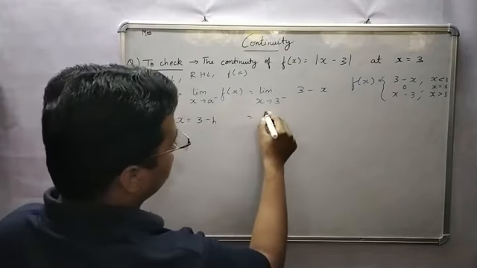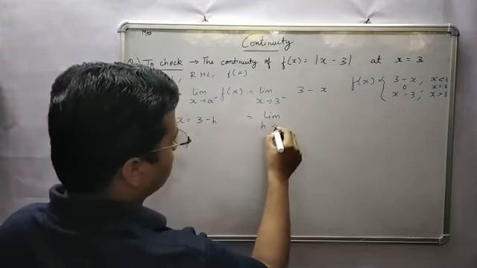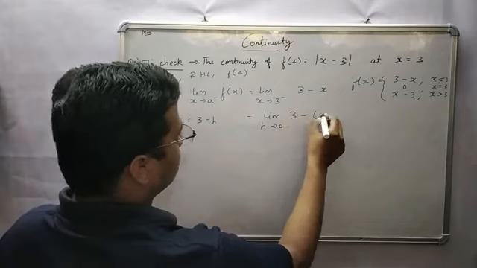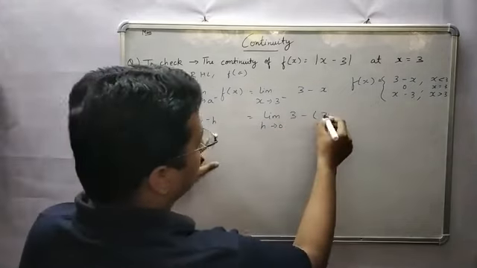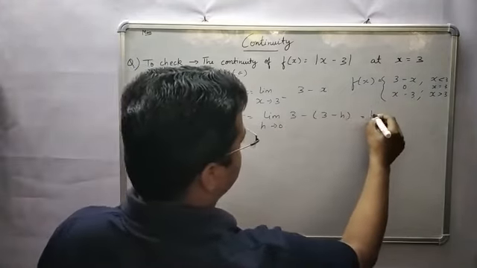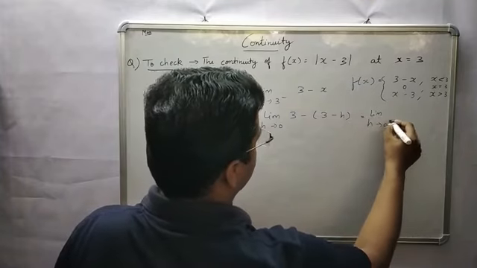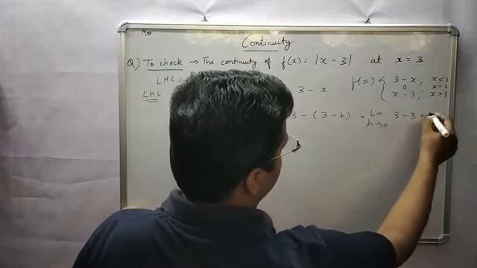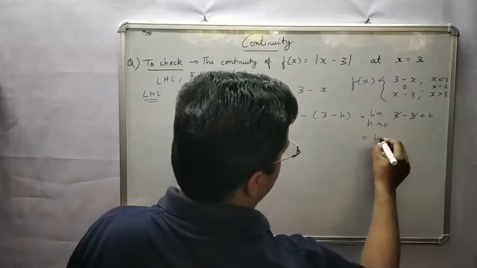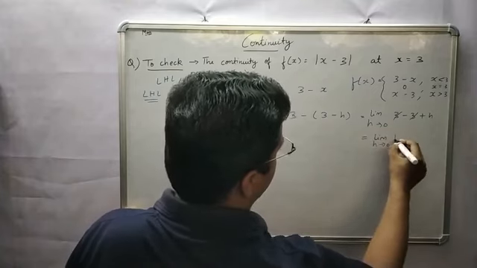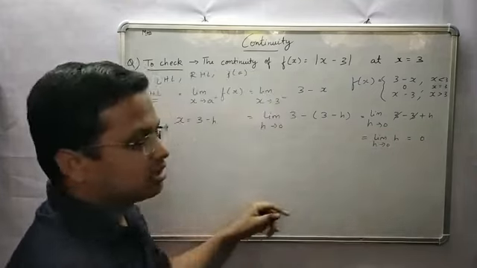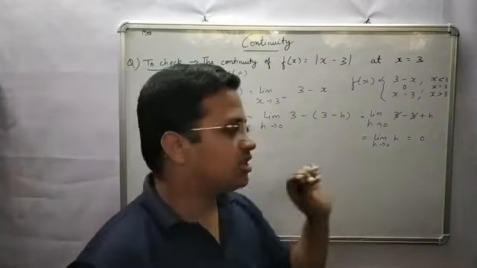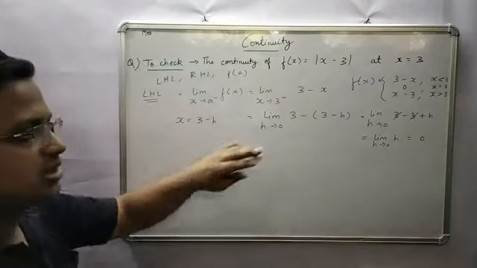So limit h tends to 0, 3 minus 3 plus h, or limit h tends to 0, h, that is 0. By substituting 0 in place of h, the value of LHL is 0.